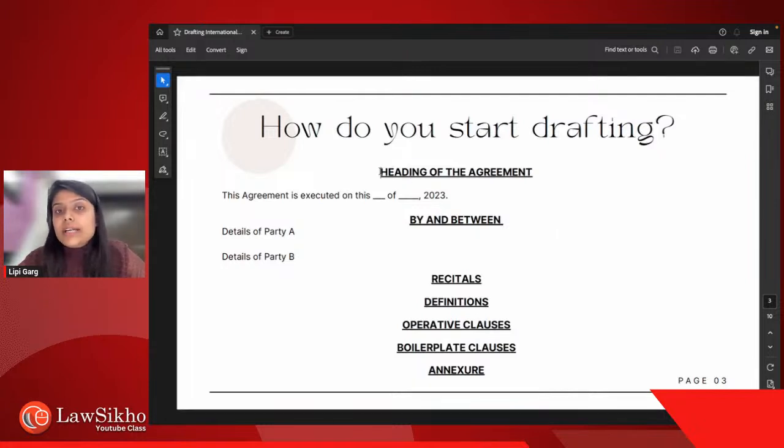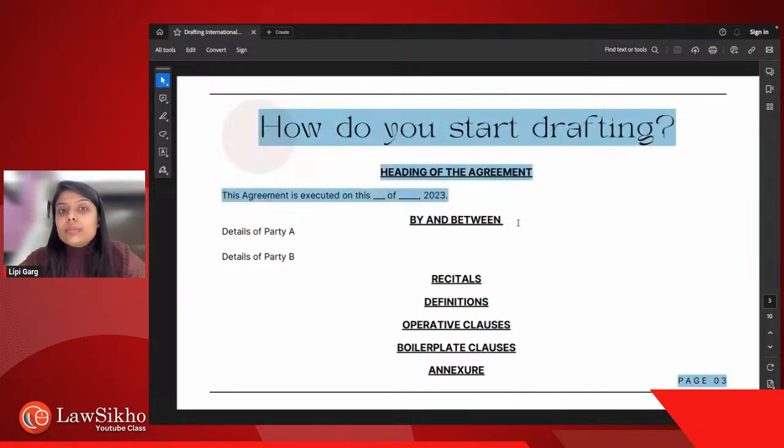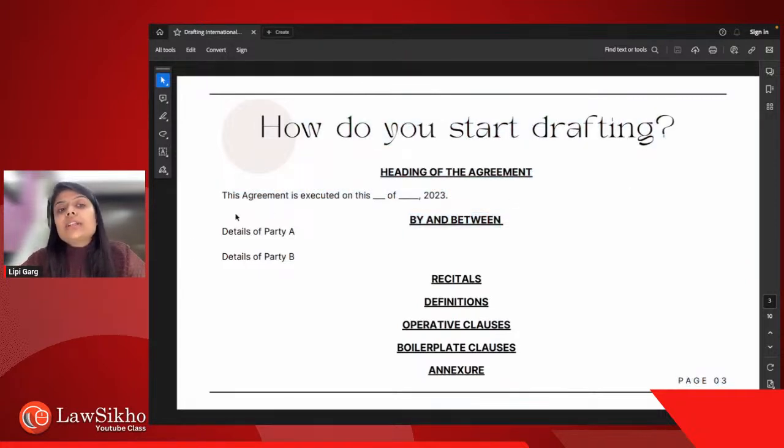Initially is the heading of the agreement, which is always in bold and underlined, and a very appropriate heading like a non-disclosure agreement, an employment contract, a sale purchase agreement, a supply agreement, or anything of that sort. So a very clear heading. Then we start with the execution date, and then we introduce the parties, entering the details of party A and then the party details of party B.